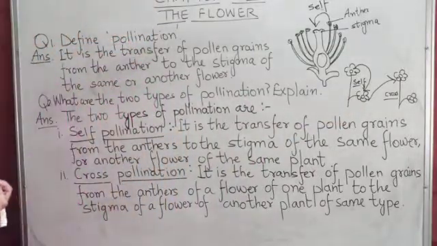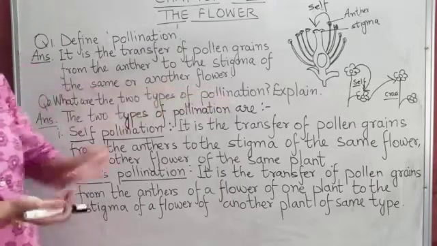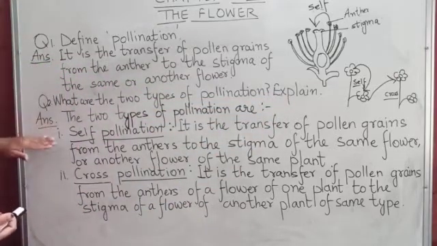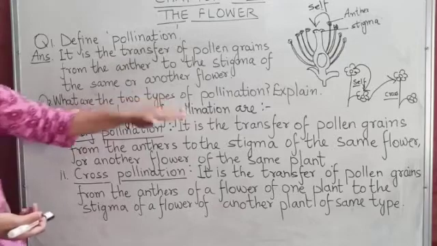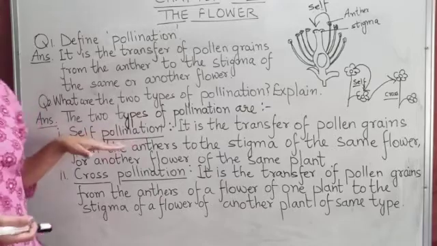So this is known as pollination. Now then comes, what are the two types of pollination, and you have to explain them also. So here the answer is, the two types of pollination are, first one is self-pollination. Now what is self-pollination?